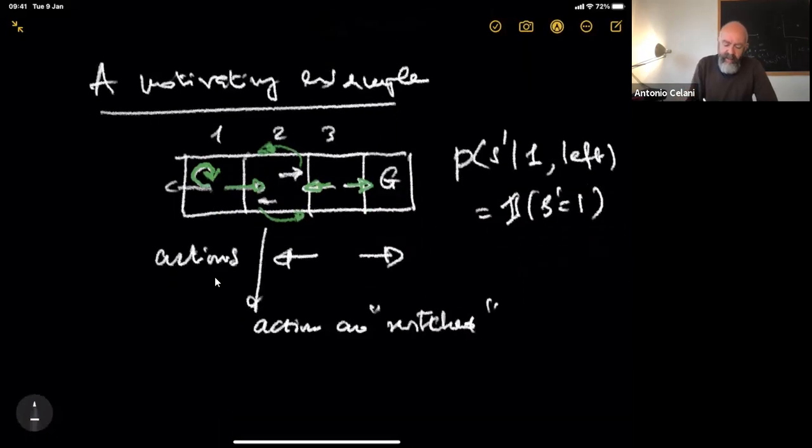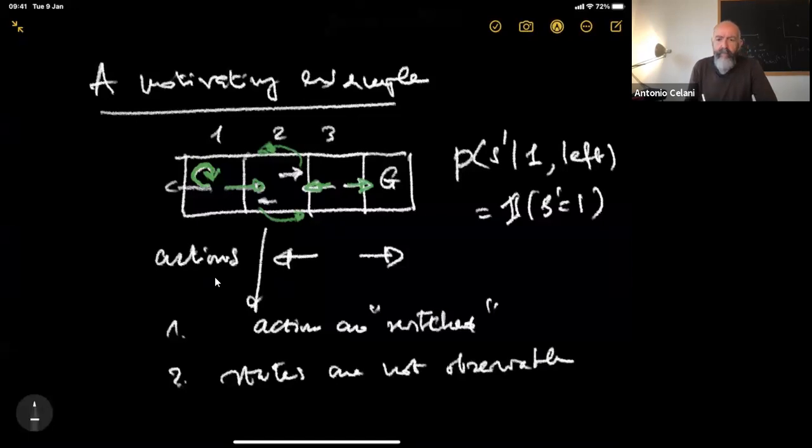First thing. Second thing is that states are not observable. So in this system, you don't know whether you are in state 1, 2, or 3. But still you want to go to the goal. And any other definition?